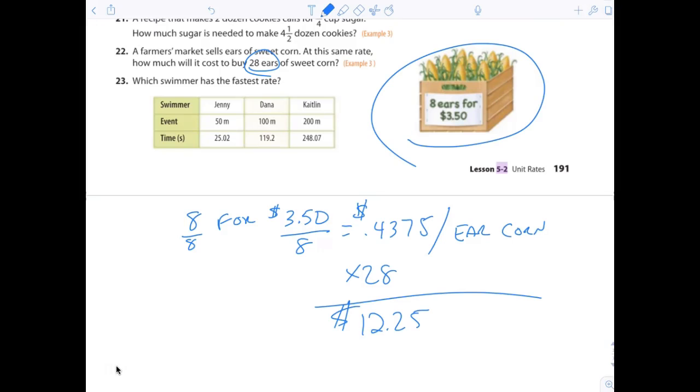But for me right now, I think the most important way is to say, look, each ear of corn costs 0.4375. Now I'm interested in 28. I appreciate your mental math. You're very good at it. And if you got 12.25, you got the right answer. Anybody else? You're good.